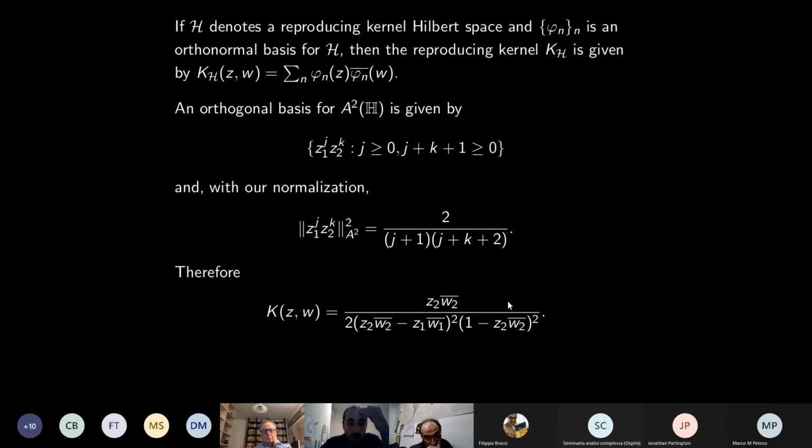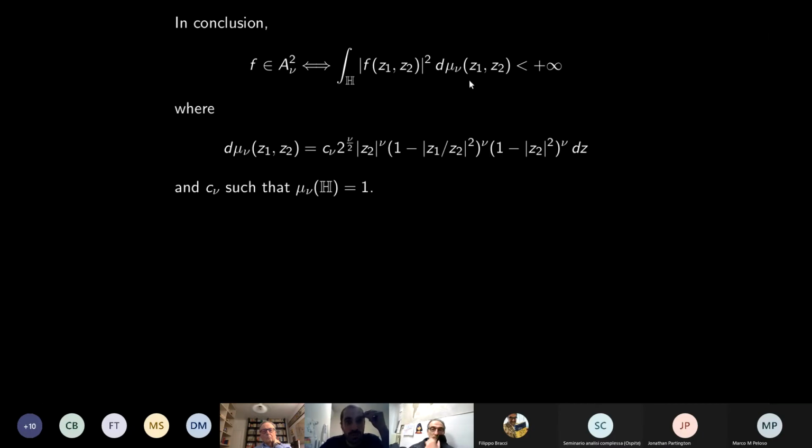Of course, when we restrict this kernel to the diagonal, so when Z is equal to W, this is positive. And in conclusion, F belongs to the weighted Bergman space A2 nu if and only if it is square integrable with respect to the measure d mu nu, where d mu nu is this weighted measure.